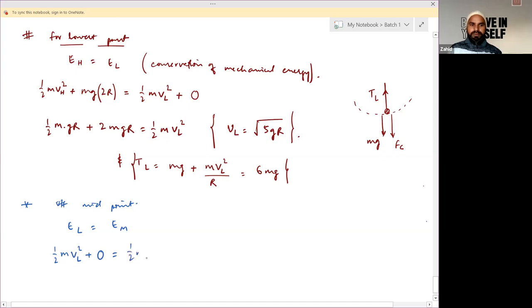For midpoint, it will have half m v squared plus m g, where the height of the body at middle point would be just r.